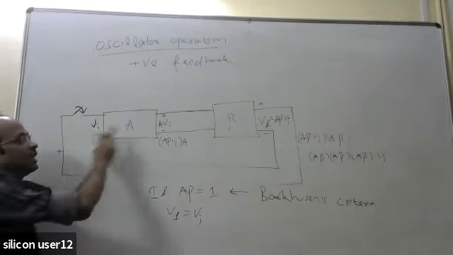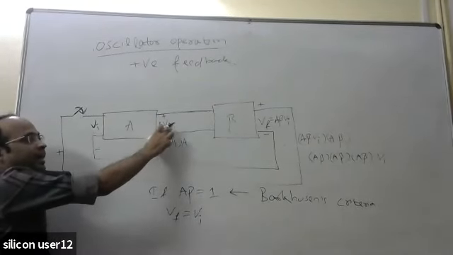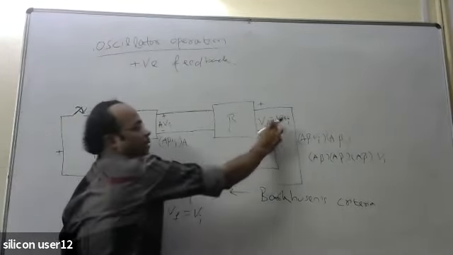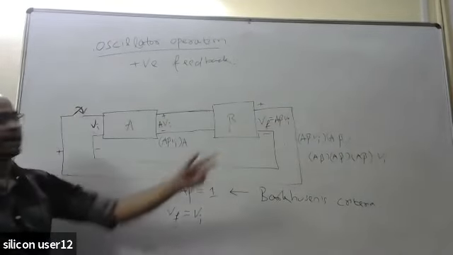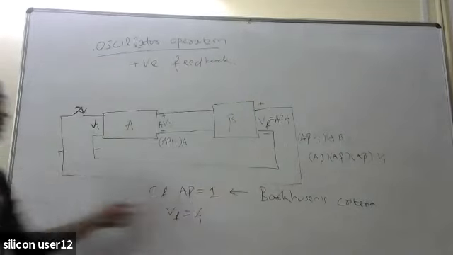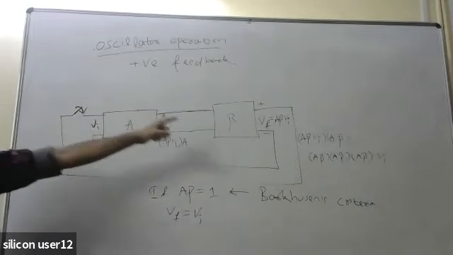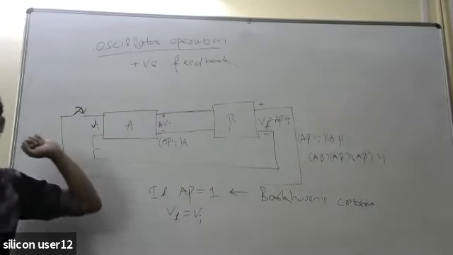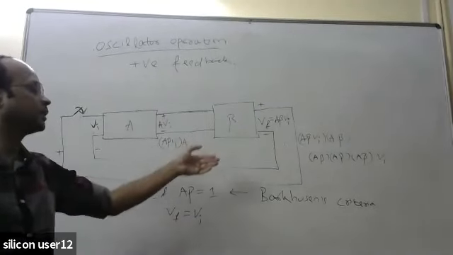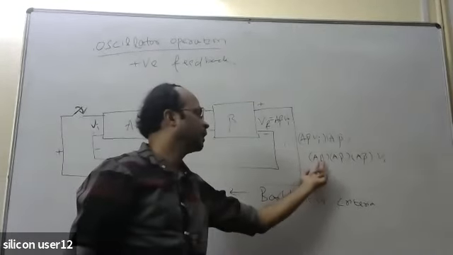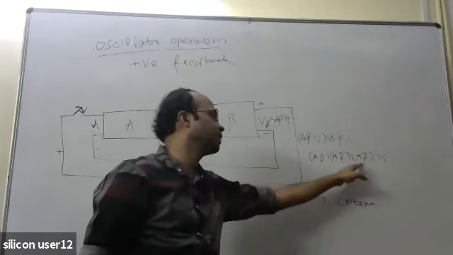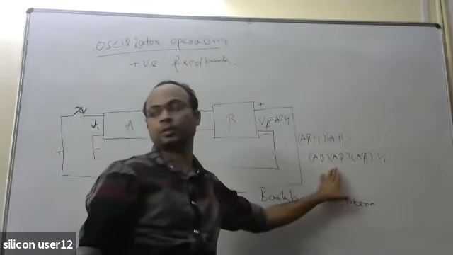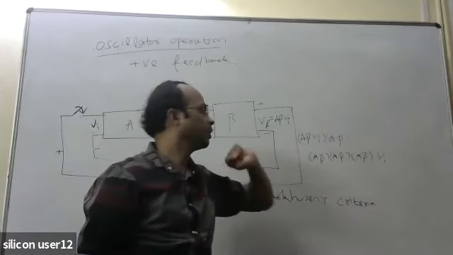That signal will be amplified by A times here, again by beta times here. So here it will be equal to A beta Vi. Again when this output comes and is fed back, it will be improved by a factor of A beta. So each iteration it will go on increasing by a factor of A beta. After 3 iterations, it will be A beta 3 times into Vi. After 4 iterations, it will be A beta 4 times into Vi.